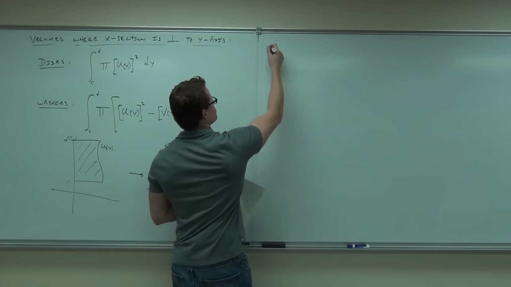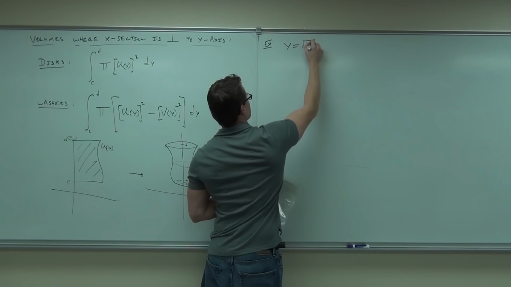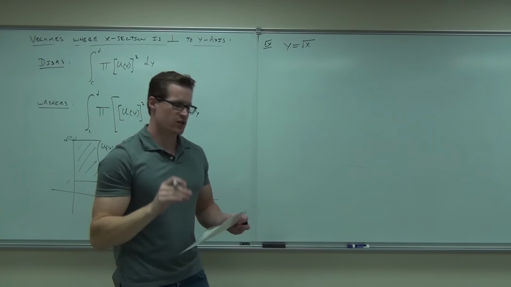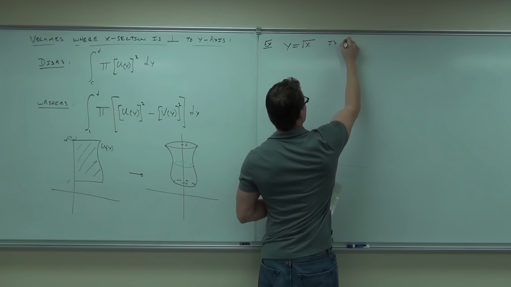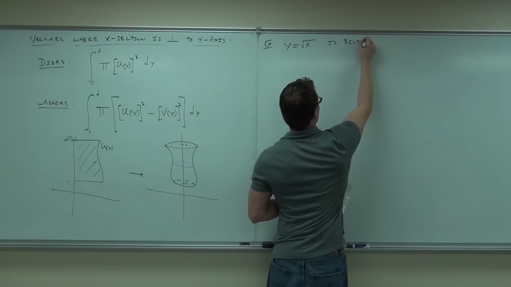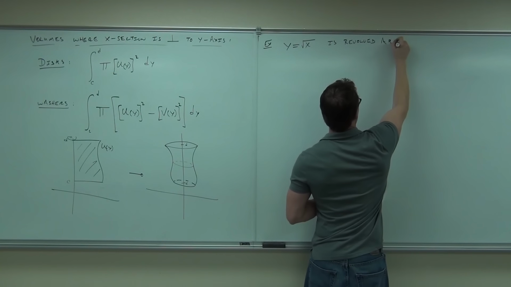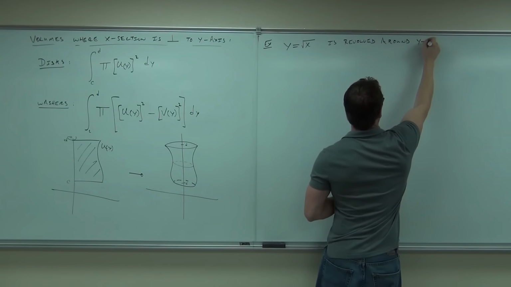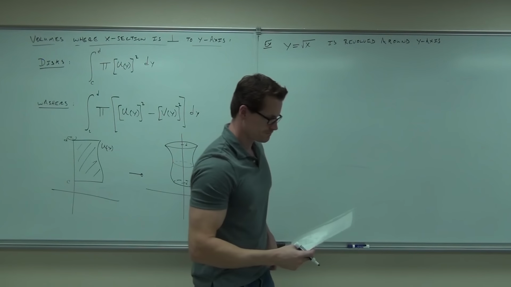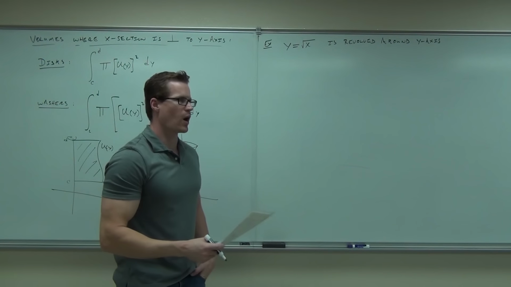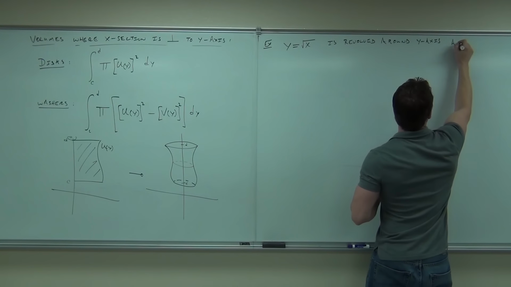So let's say this. y equals the square root of x is revolved around the y-axis, and it's bound by y equals 2 and y equals 0.